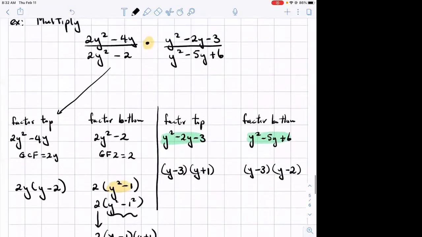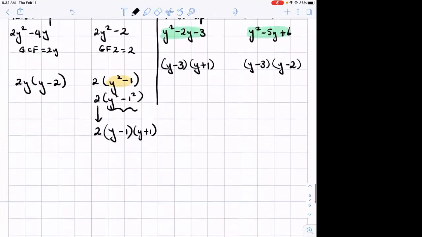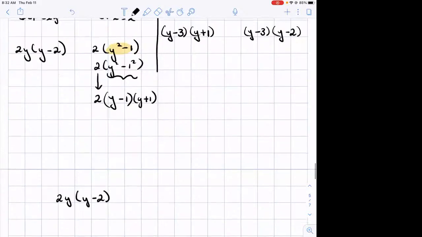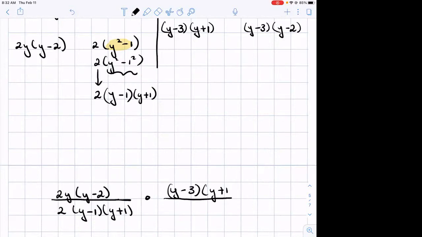So now we can rewrite this with the factors that we've got. The factors for the first numerator we know is 2y times y minus 2. For the bottom, we have 2 times y minus 1 and y plus 1, times, for the top, y minus 3 and y plus 1.